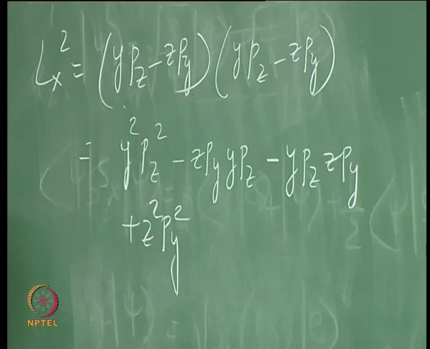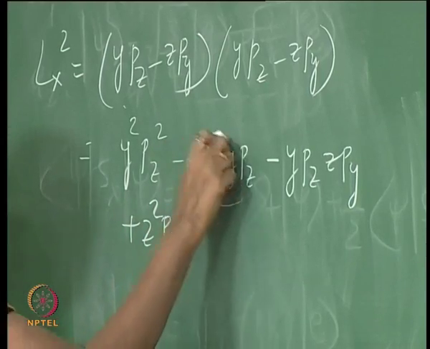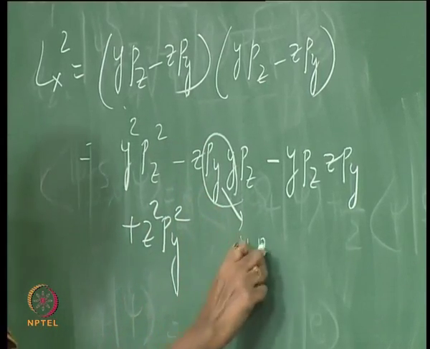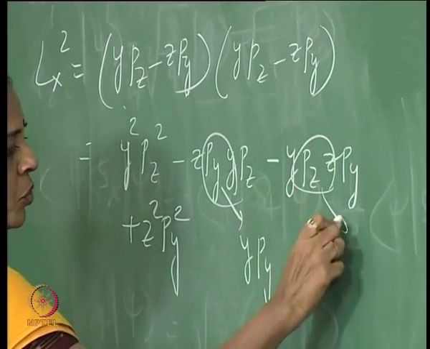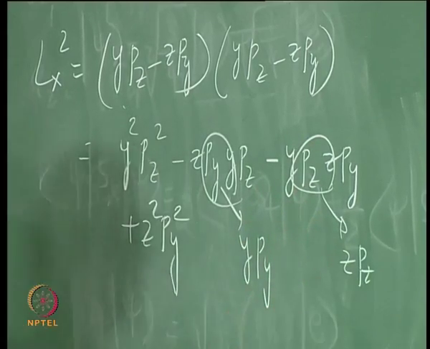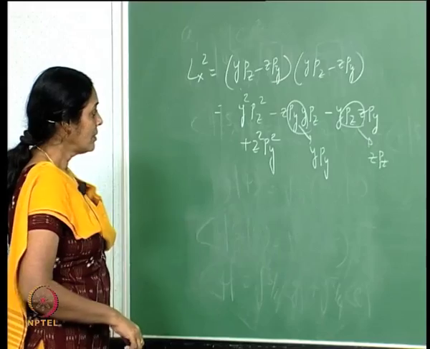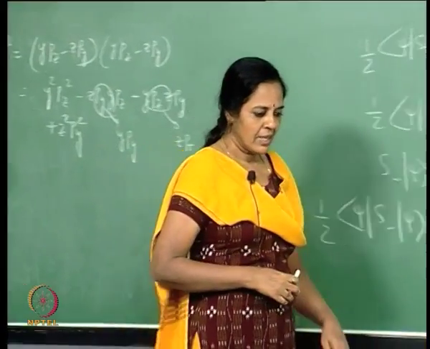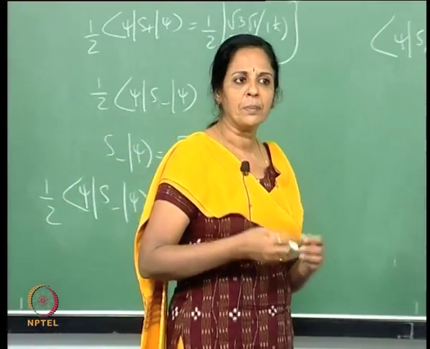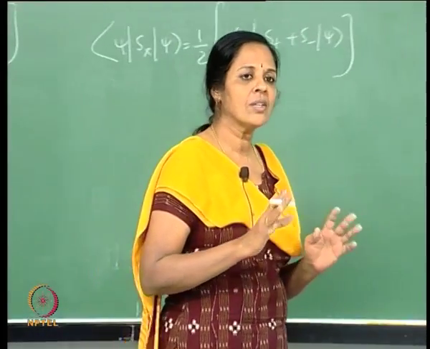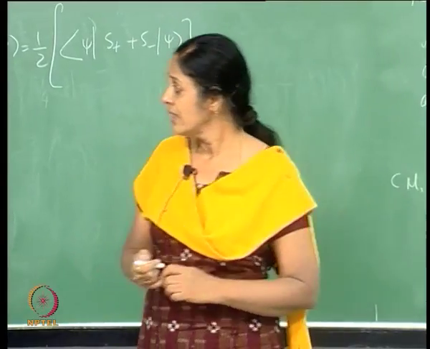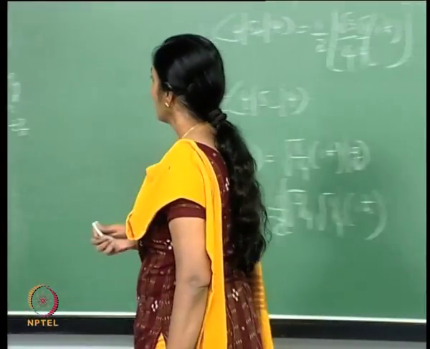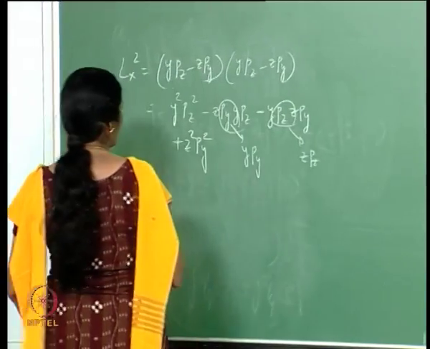We need not worry about the order in which these things are written. For instance, this could well be written as ypy, and this could well be written as zpz. But in quantum physics, these are operators, and as you are aware by now, operators are represented by matrices which in general do not commute with each other, and therefore one has to exercise care in the manner in which this is written.